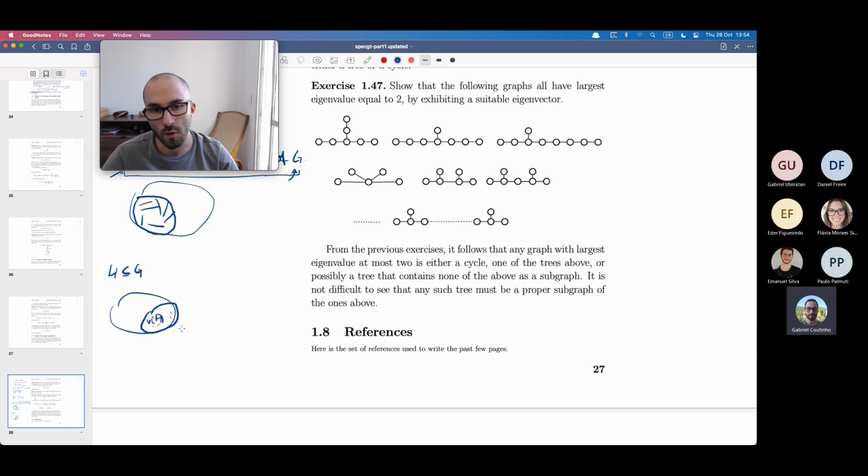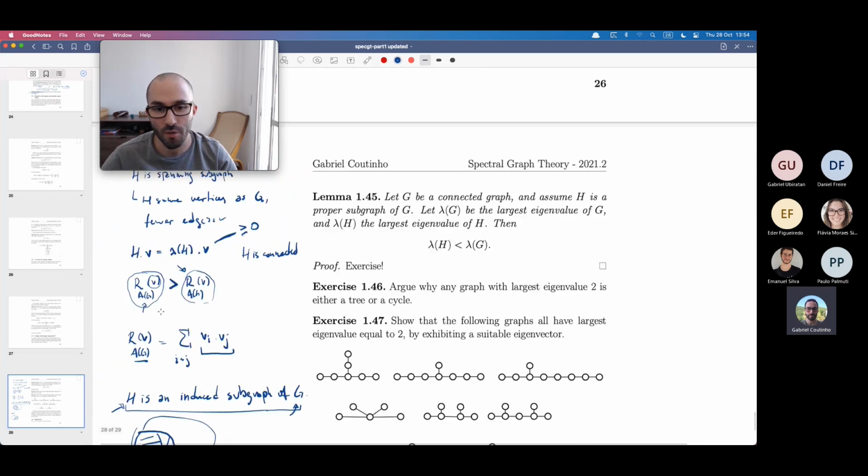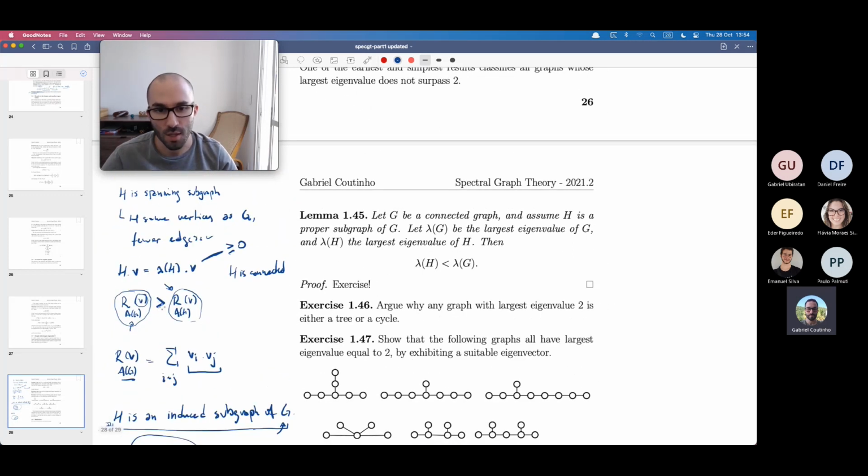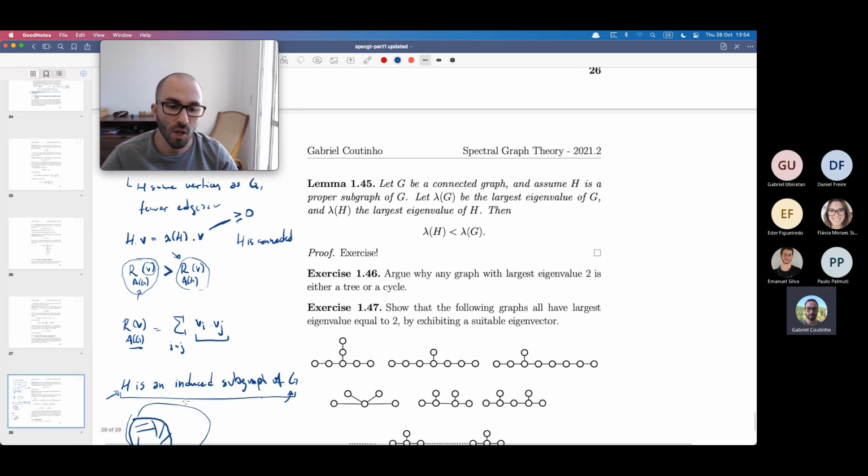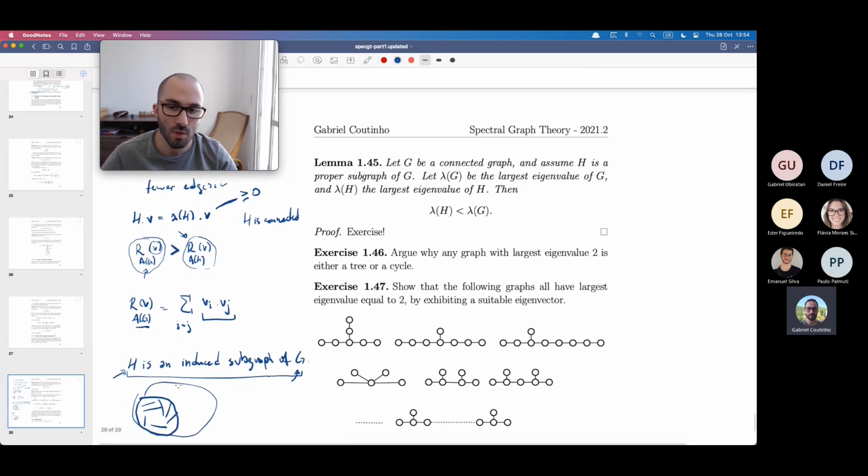So any subgraph of G is a spanning subgraph of an induced subgraph. And if every time you take these operations, you're reducing the eigenvalue, you will be reducing the eigenvalue in the end. All right?